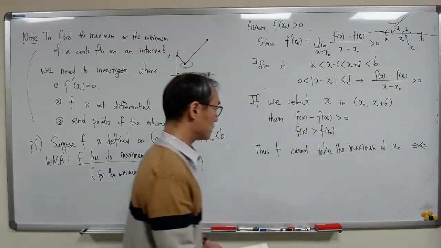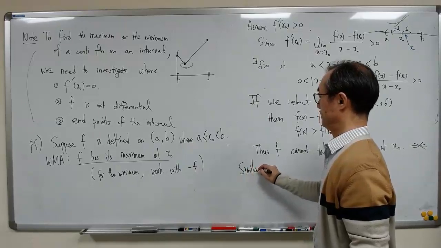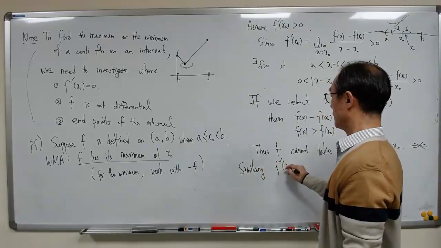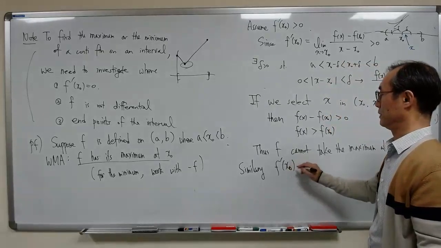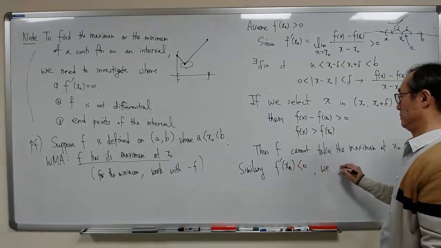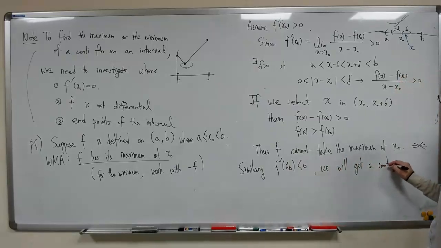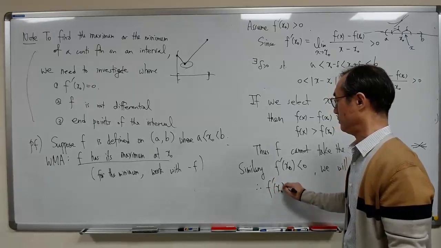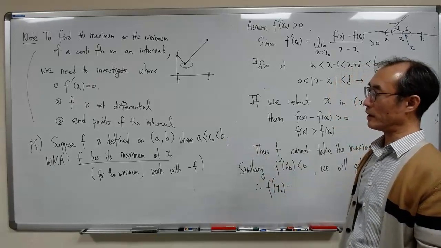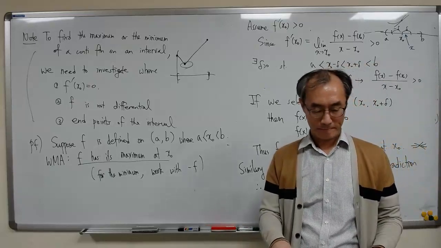That gives us a contradiction. Similarly, if the derivative is negative, we get a contradiction. So the derivative at x naught, at the maximum point, must be 0.